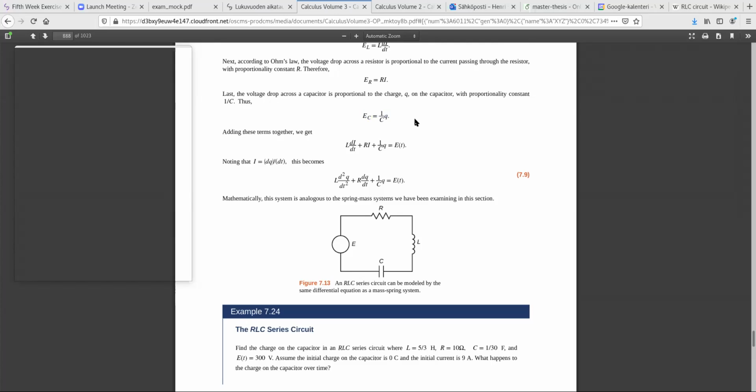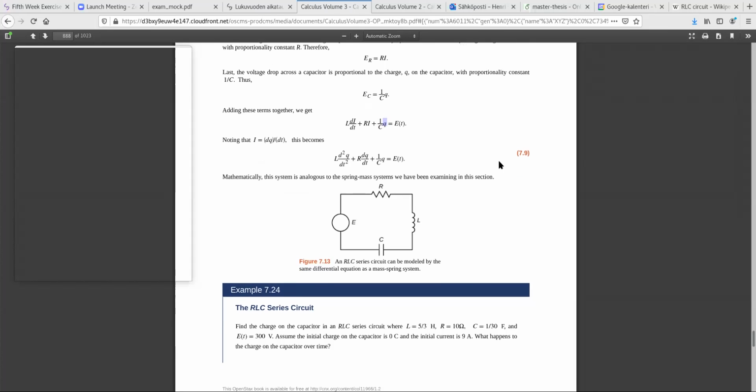It's 1 over C times Q, where Q is the accumulated charge. So that's in fact the charge, meaning it's the net charge that has flown through this circuit. So this can be expressed as an integral of the current from 0 to t. I did it slightly differently.